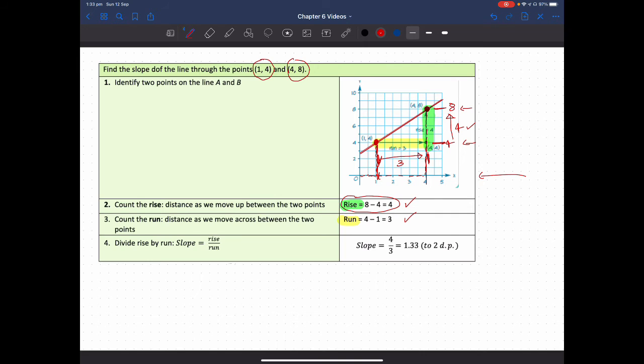So my slope is rise over run. The rise was 4, the run is 3. If I was going to write this as a decimal to 2 decimal places, that would be 1.33.